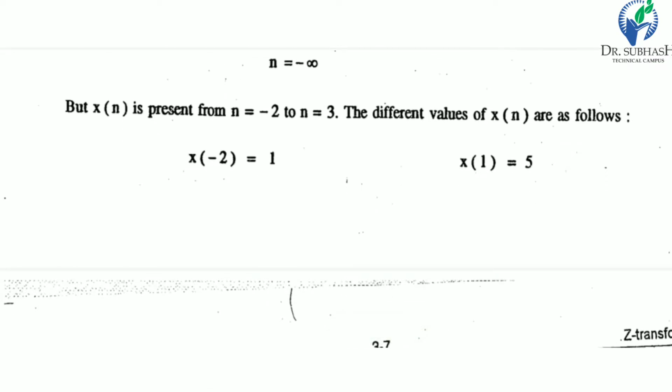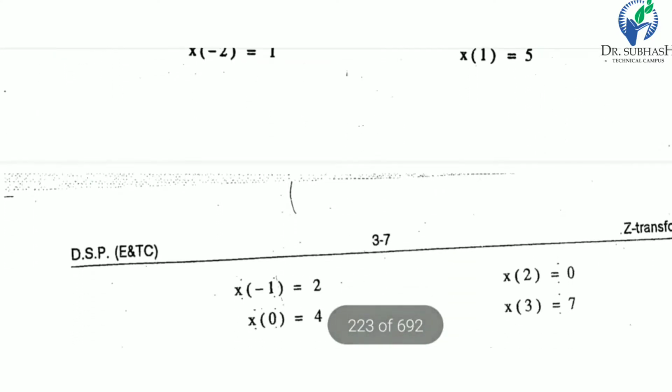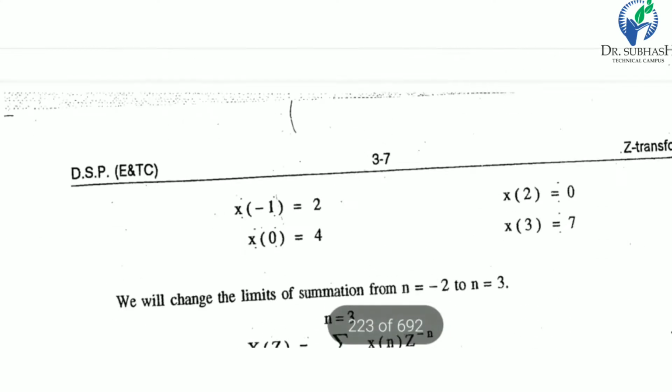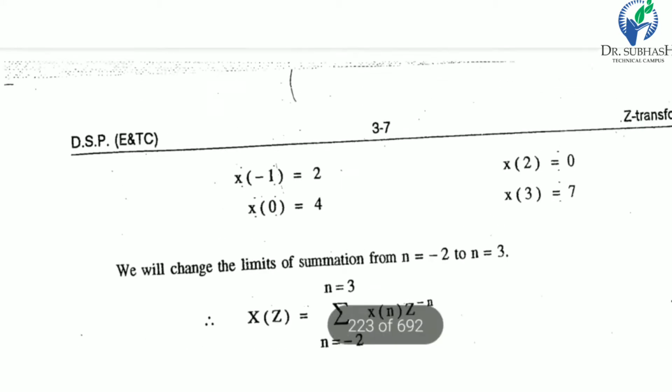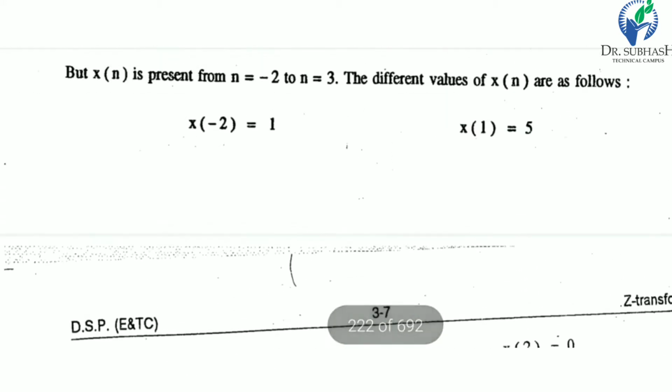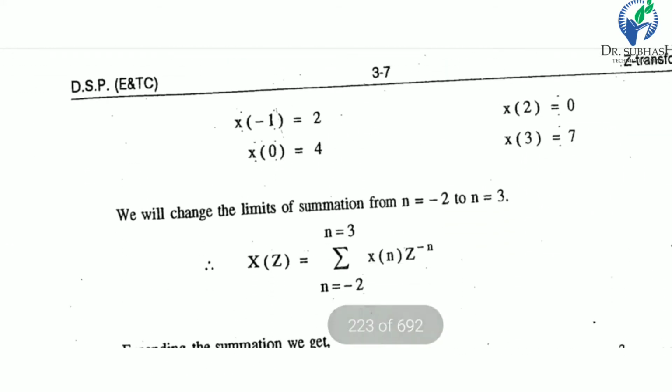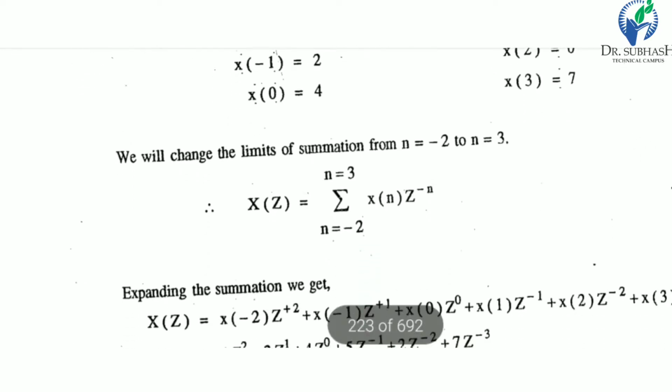But x of n is present from n equal to minus 2 to n equal to 3. The different values of x of n are as follows: x of minus 2 equal to 1, x of minus 1 equal to 2, x of 0 equal to 4, x of 1 equal to 5, x of 2 equal to 0 and x of 3 equal to 7.